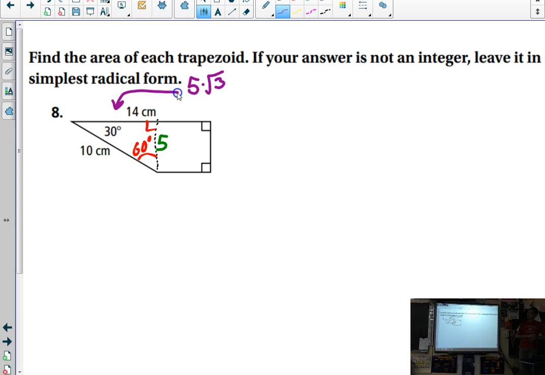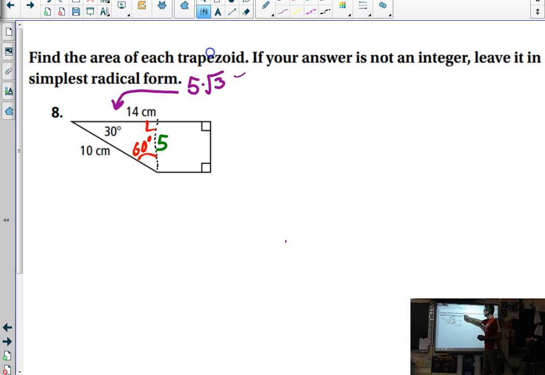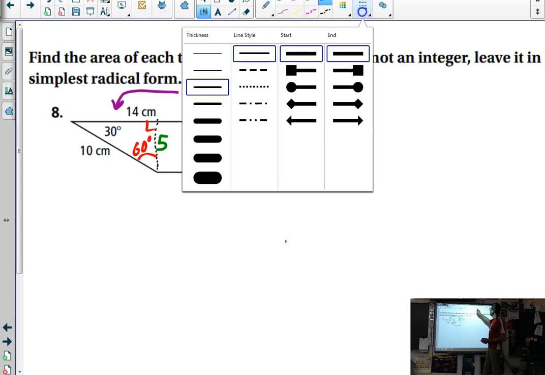And from there, I could figure out what's left over of that 14. So 5 rad 3, 8.66. So then what's left over here is the difference there.